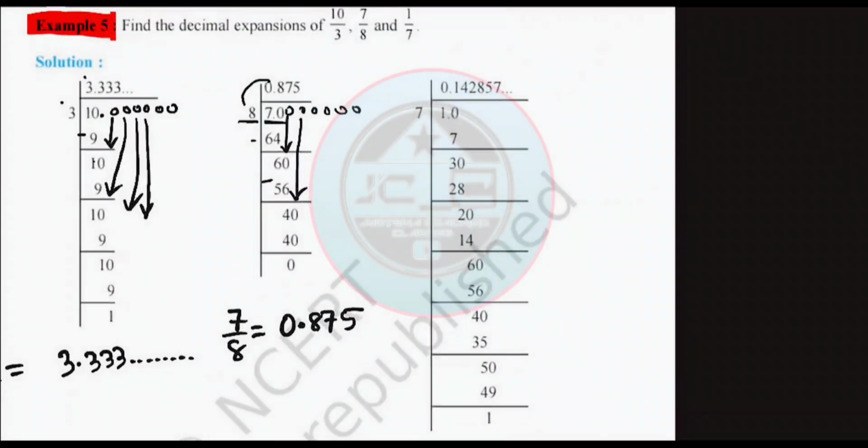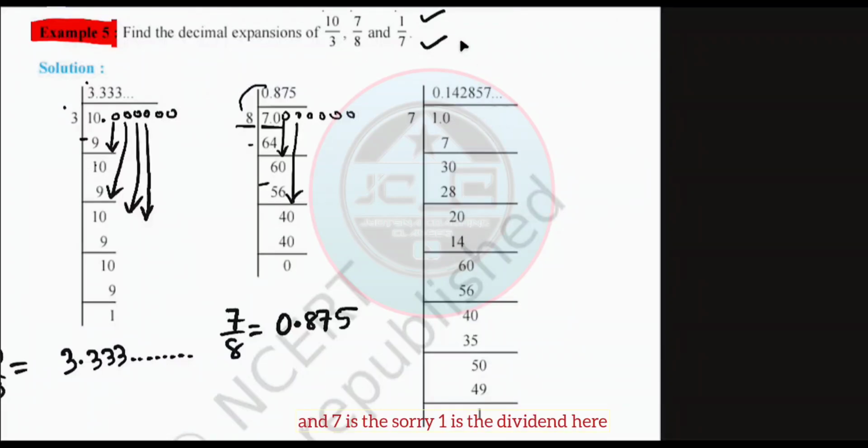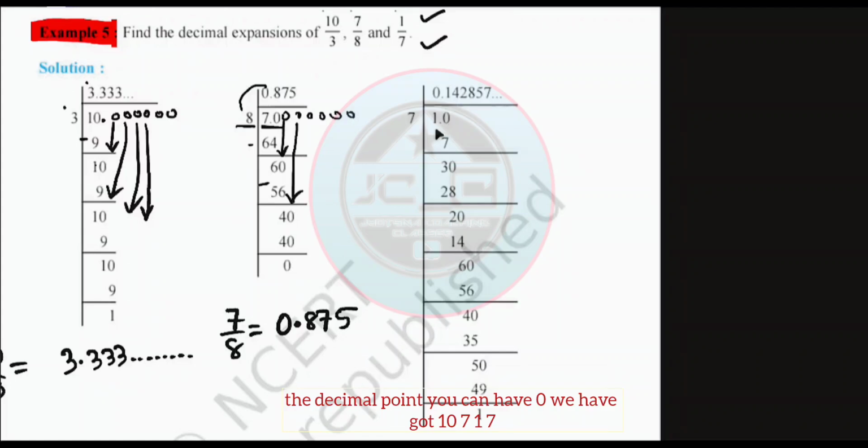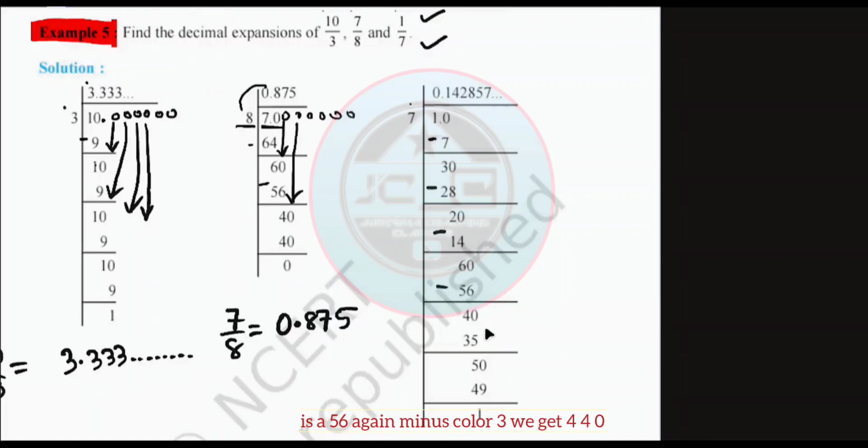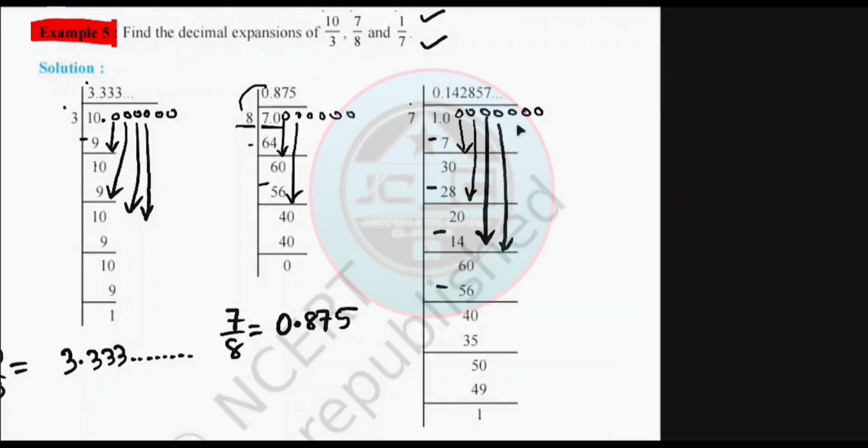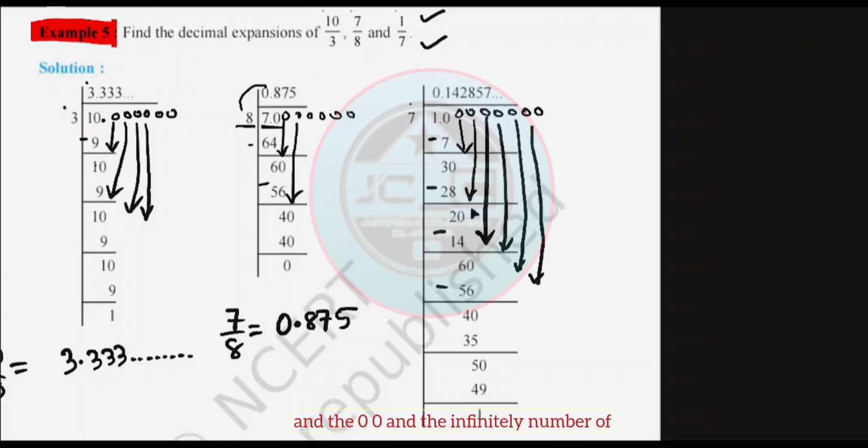Now we have 1 upon 7. 1 is the dividend here and 7 is the divisor. 7 0s are 0. After putting the decimal point, we get 10. 7 1s are 7. Subtracting, we get 3, then 30. 7 4s are 28, minus, we get 2, then 20. 7 2s are 14, again 60. 7 8s are 56, minus, we get 4, then 40. Here also we can bring infinitely many zeros down.